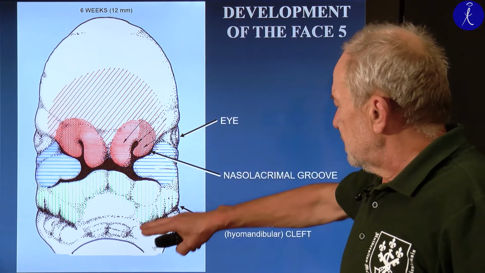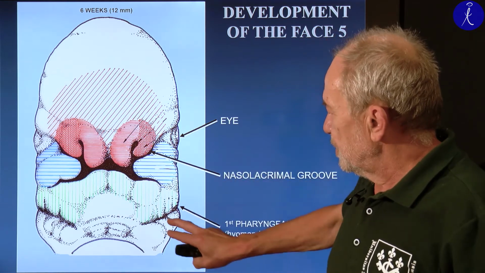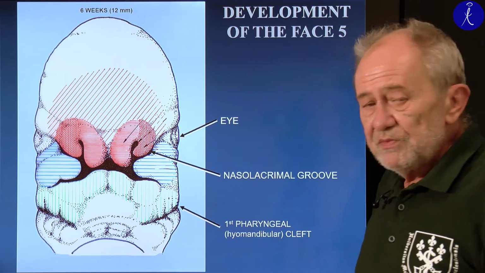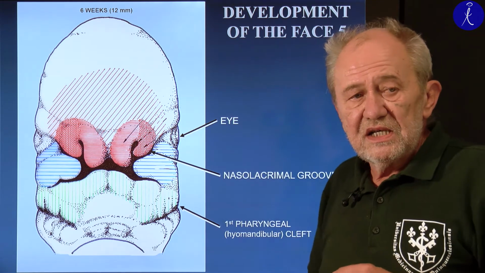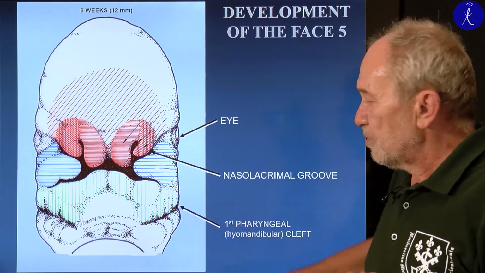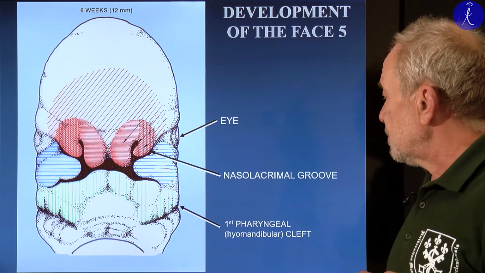As well, you can see the first pharyngeal cleft in between the first pharyngeal and the second pharyngeal arch, because the second pharyngeal arch mostly gives rise inside of the mesenchyme to the hyoid bone. Therefore, this one is the hyomandibular cleft. The second pharyngeal arch is the hyoid arch.